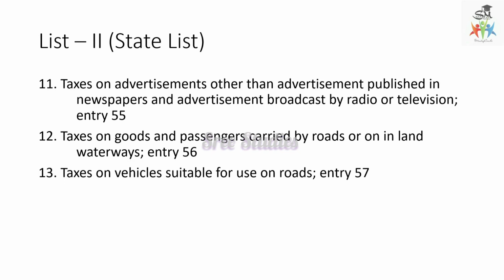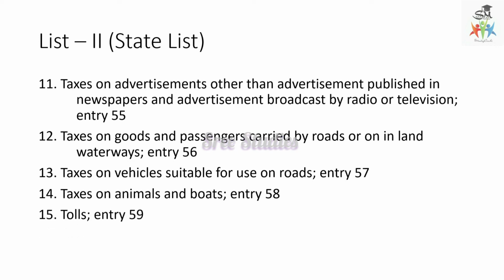So entry 56, taxes on vehicles suitable for use on roads. So every two-wheeler purchaser is paying it. So entry 57. And taxes on animals and boats, entry 58. And tolls everyone is paying, whoever crosses the highways, entry 59.